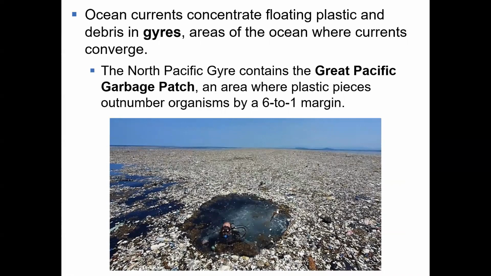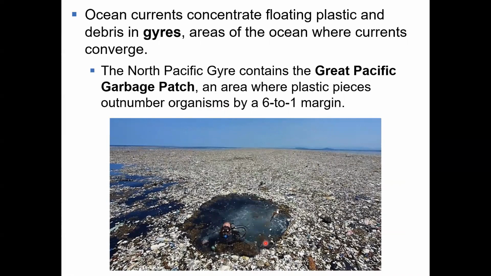So we have regions throughout the ocean where we have these huge masses of plastic. And specifically, in the North Pacific Gyre, we have this giant, giant area of garbage where plastic pieces outnumber organisms 6 to 1. So we can just see the surface of the ocean here.